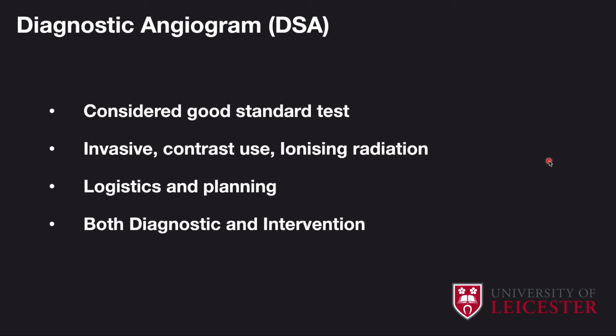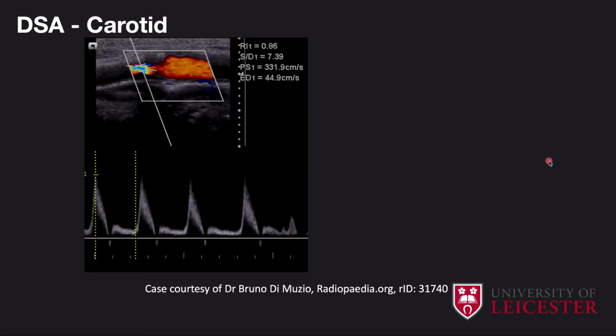The main strength of angiogram nowadays really is that it is both a diagnostic tool and an interventional tool. You can find out what the problem is and treat it at the same time. Remember the carotid ultrasound we saw way back at the beginning of this talk?